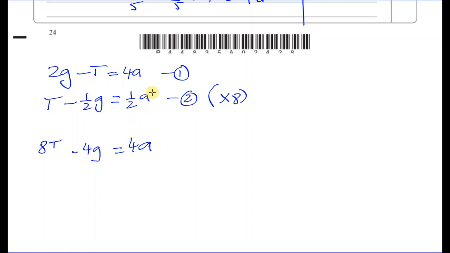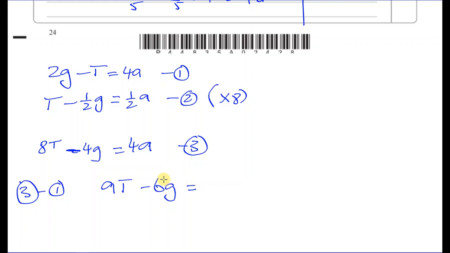Now I have equation 3, and if I take equations 1 and 3 and do 3 minus 1, I'll have 8T minus minus T, which is 9 times T, minus 4g minus 2g, which is minus 6g, is equal to 0, because 4a minus 4a was 0.